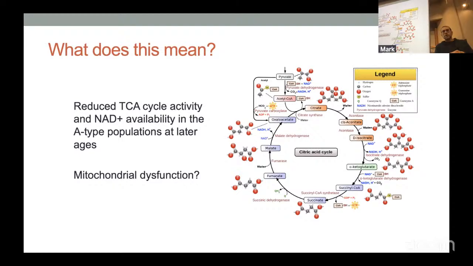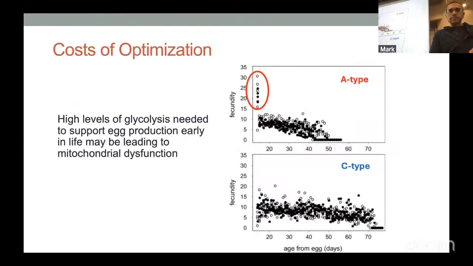So the idea would be there's a trade-off that has occurred because of this really intense selection for early reproduction, where you're burning through all these sugars and almost frying your mitochondria. And then this has effects throughout your life that are also leading to some of this increased mortality. So again, this idea that this high level of glycolysis is leading to that, based purely on this result, right?